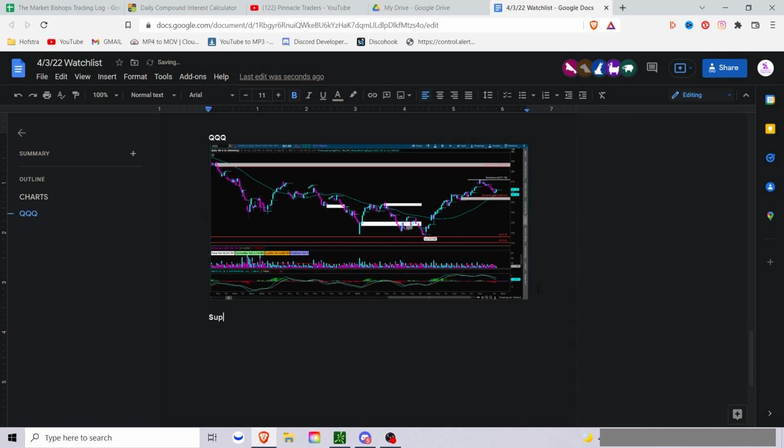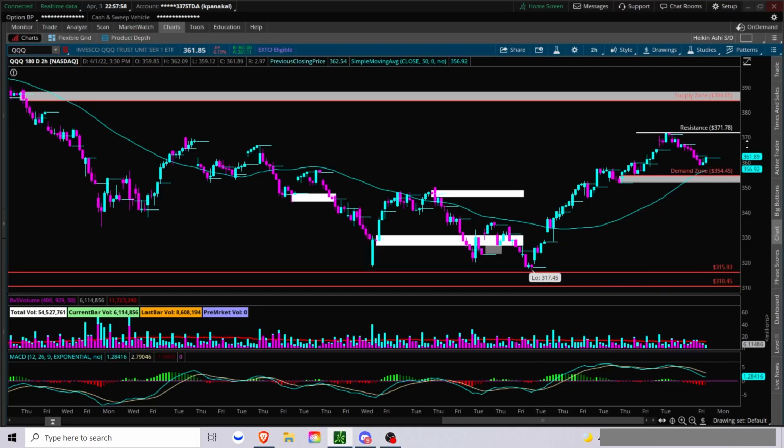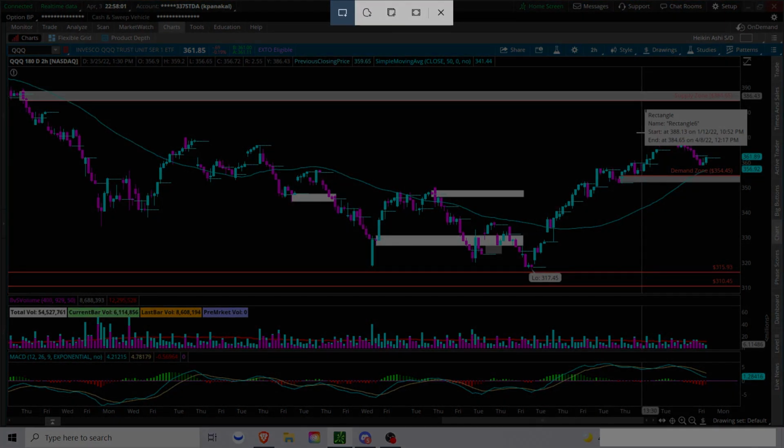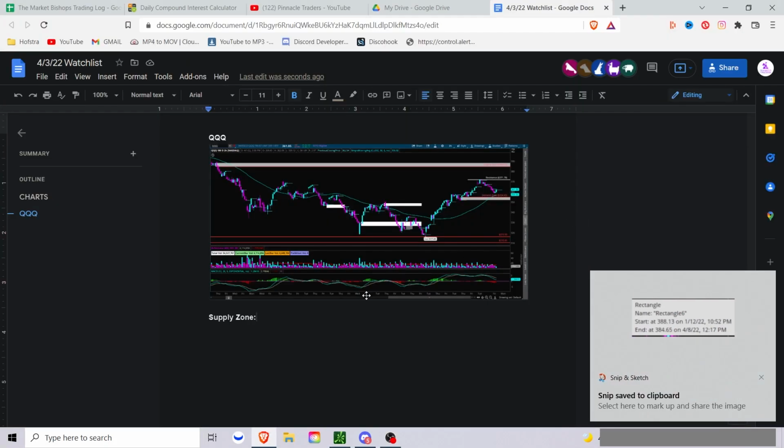Alright, so as we said before, the supply zone for QQQ is going to be 384.65 to 388.13.